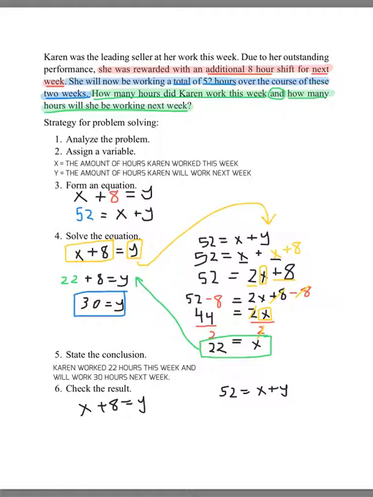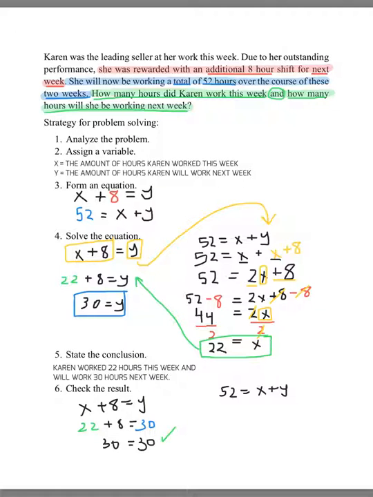So substituting in, we know that x is equal to 22. We're going to add 8 to that, and we're going to see if that's equal to 30. Once we do 22 plus 8, we do get 30. So we end up with 30 is equal to 30. That is a true statement, so this solution is correct.